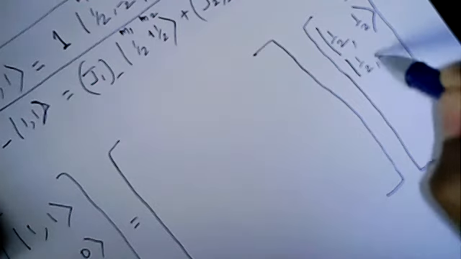Then the uncoupled basis. What are the uncoupled basis? Again a column vector: half, half; then half, minus half; then minus half, half; and the last one, minus half, minus half.